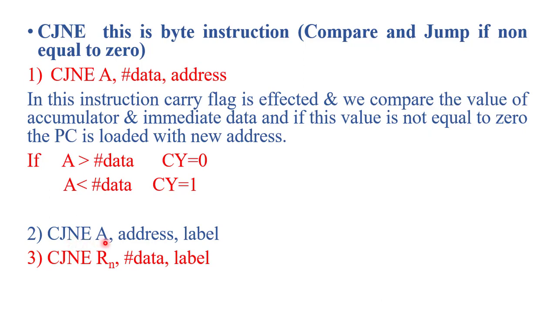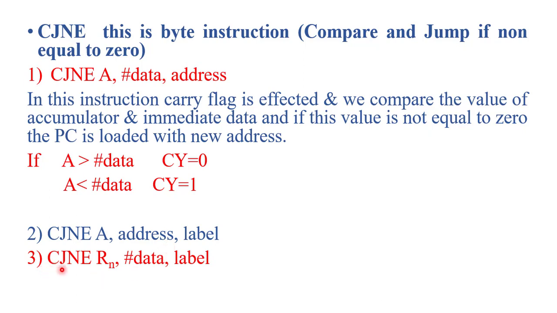So here we compare the content of the accumulator with the content of this memory location. If these two contents are not equal, then the program counter is loaded with this new address and jumps to that new memory location. This instruction also affects the carry flag.